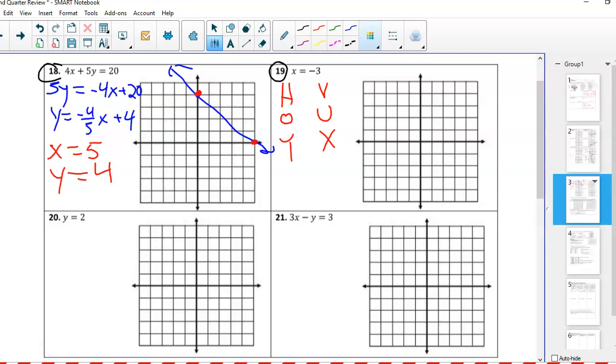So this is an x equals. What type of slope will this have? Undefined. And what type of line will this be? Vertical. So wherever x equals -3 on your x-axis, make a vertical line. Mine is kind of crooked, but that's okay.